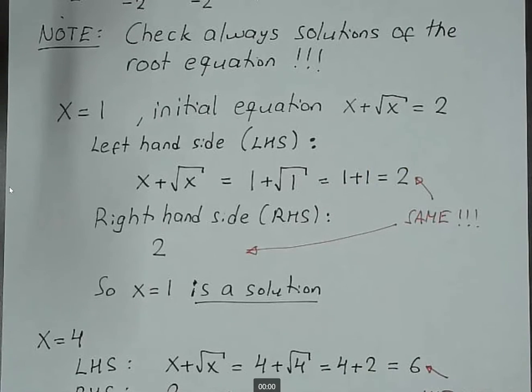mostly have to use a rounded value, and when we are checking the solution, if that is correct or incorrect, we need to use lots of decimals there, because if we round those values too much, we can't be sure if that is a solution.